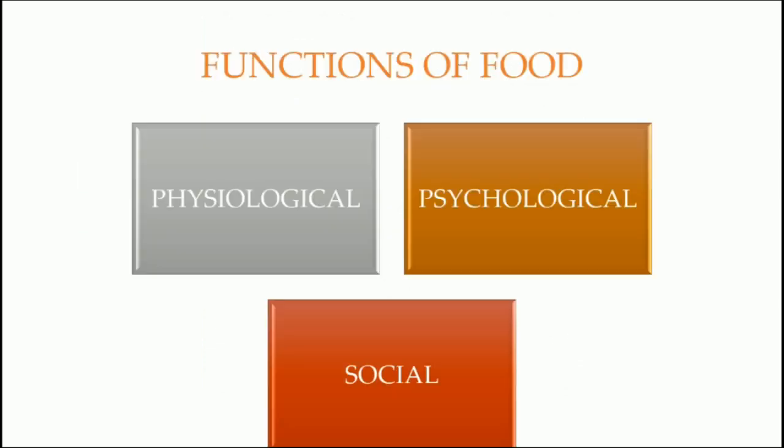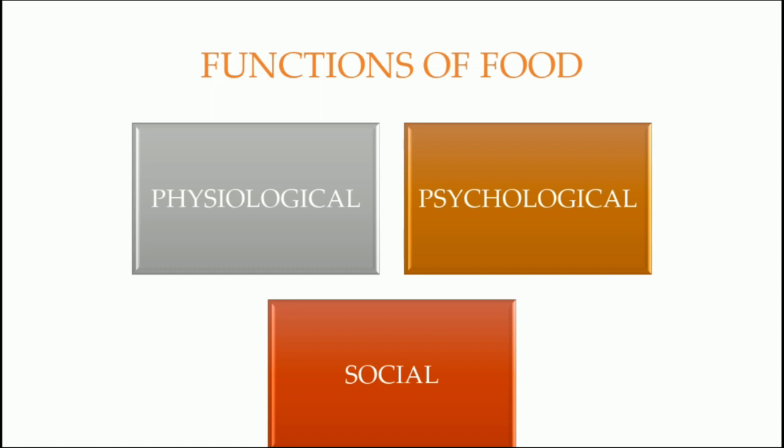So with this, we complete the components of food. About all these we will be covering in detail in the food chemistry class. Now let's move to another part of the lecture, that is functions of food. Now we have seen what the various components of food are. These components all have certain important functions in the body.